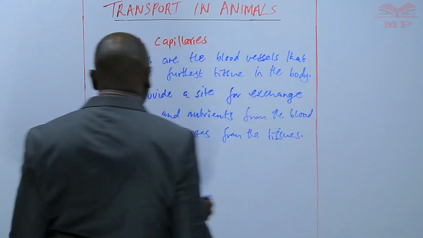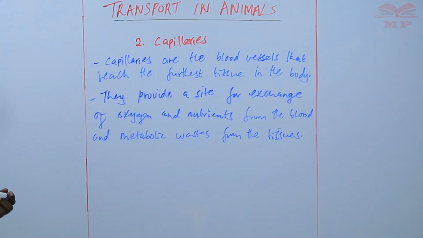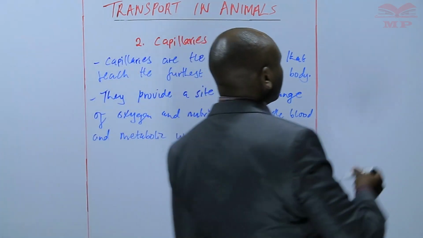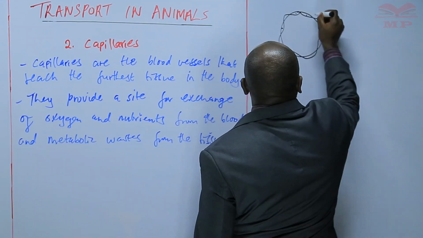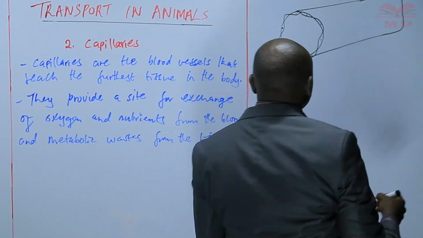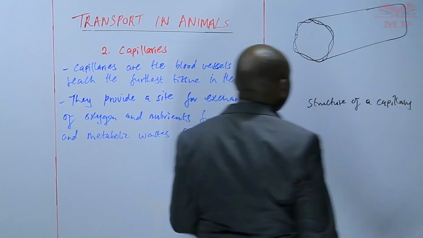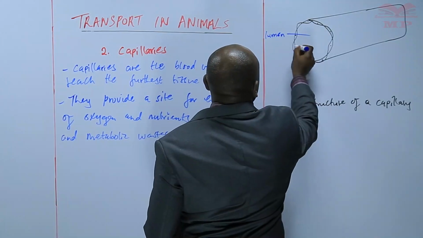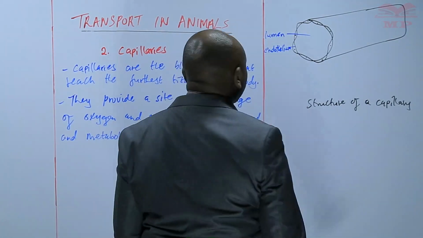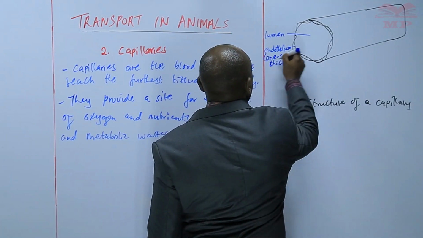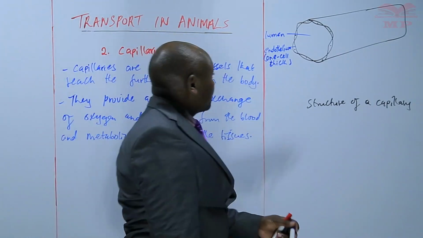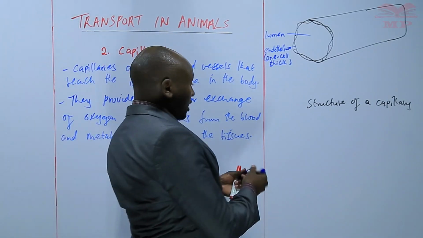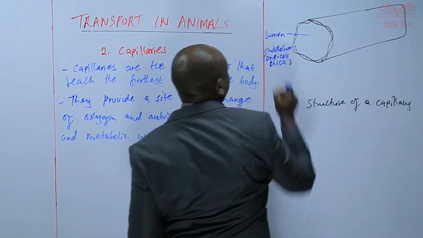So it is important to also look at the structure of a capillary. The structure of a capillary has a lumen through which the blood flows.